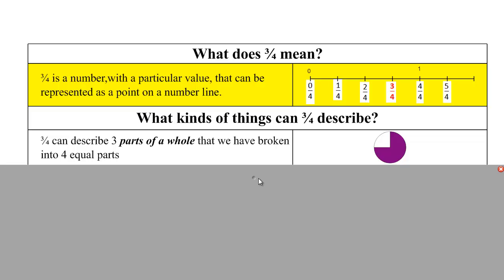So, for example, what kinds of things can 3/4, that number, describe? The most common usage is that it describes 3 parts of a whole that we've broken into 4 equal parts.